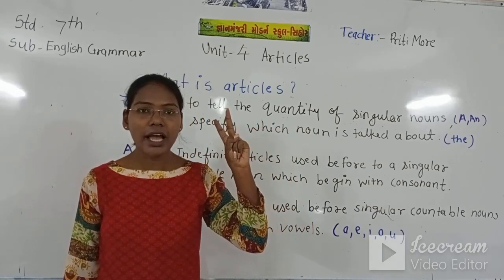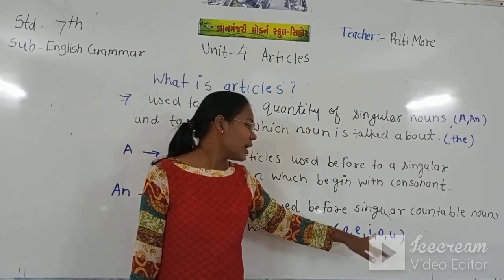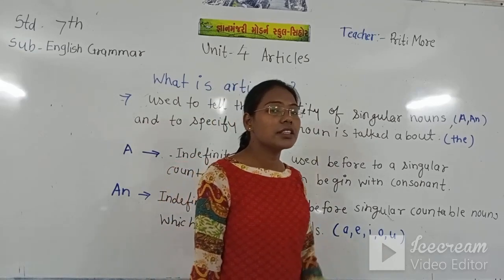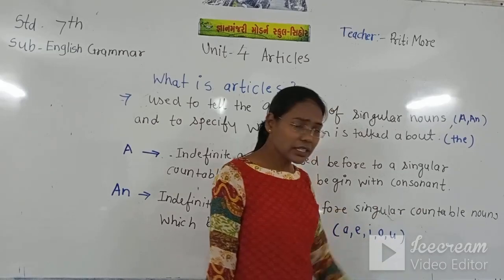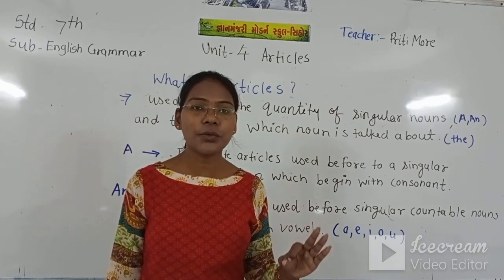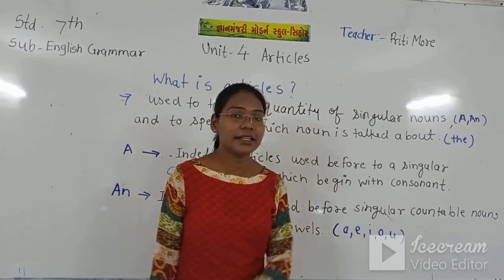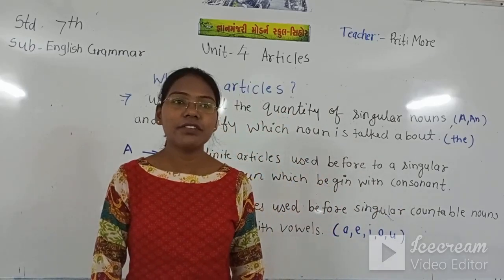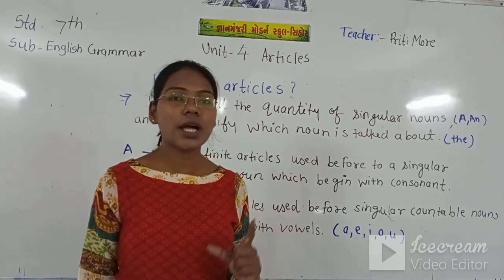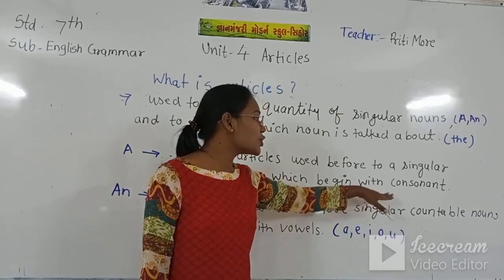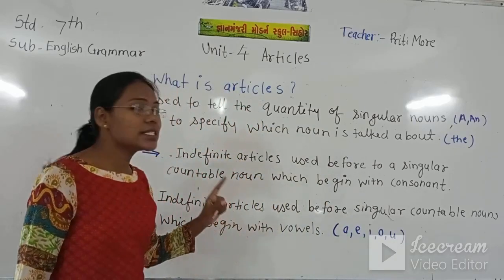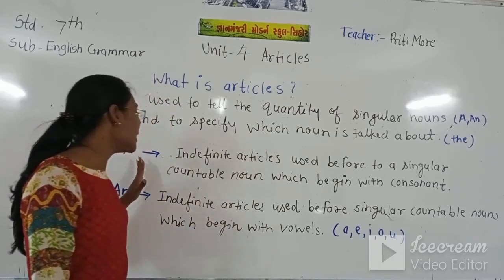A, E, I, O, U. Apart from these vowels, the words begin with a consonant. When the singular countable noun begins with a consonant, then we use the article a.